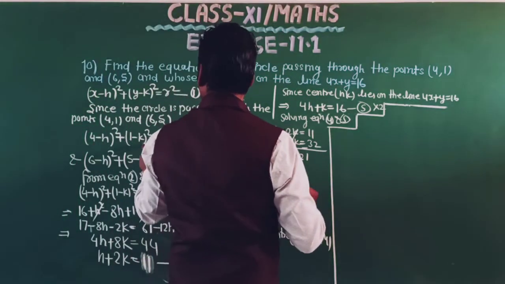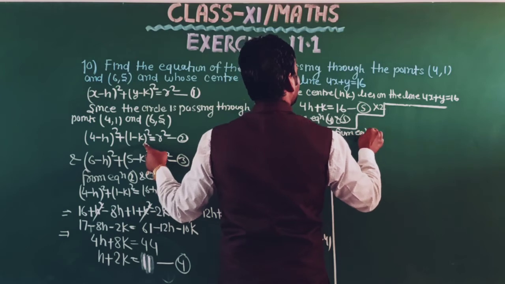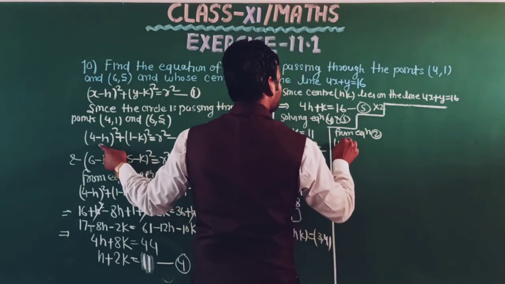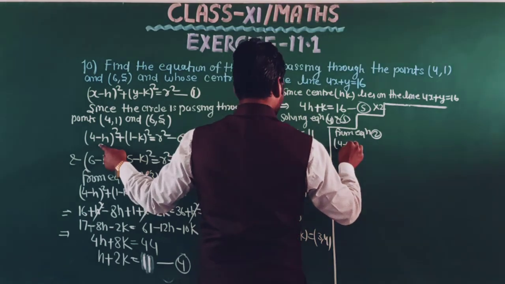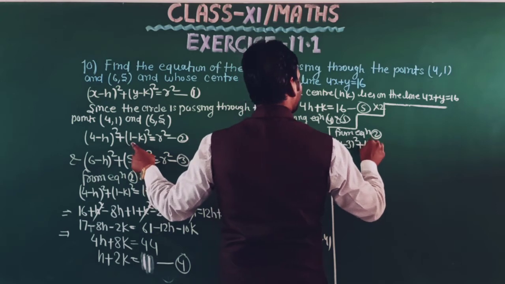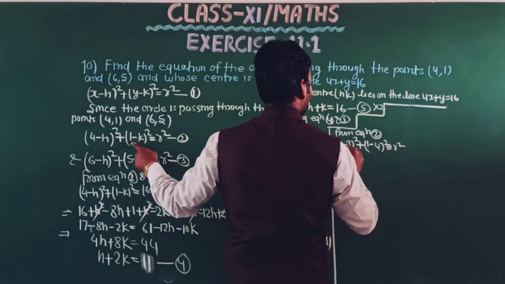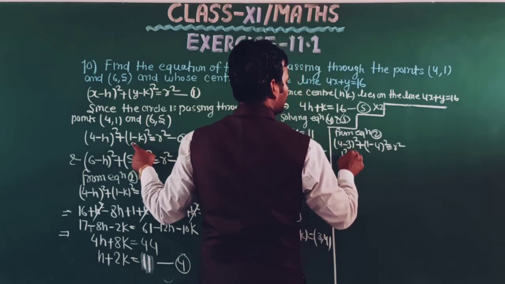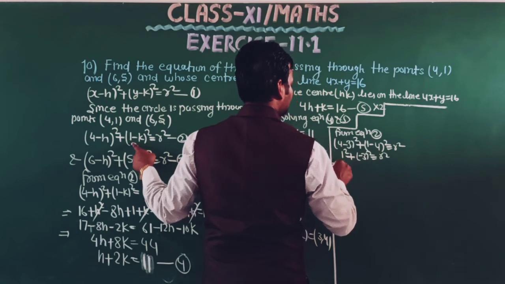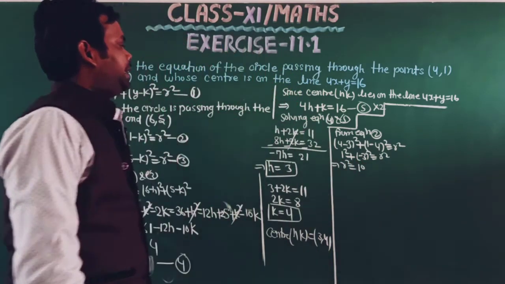So from equation 2, this is (4 minus 3) whole square plus (1 minus 4) whole square equal to r square. So this is 1 square plus minus 3 square equal to r square, and the value of r square we will get is 10.